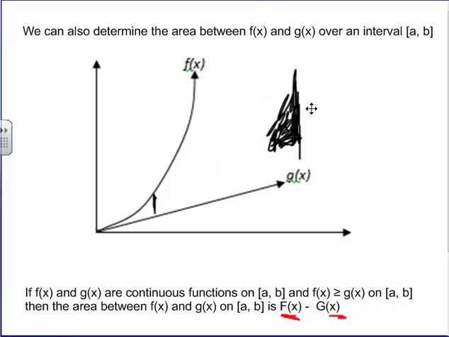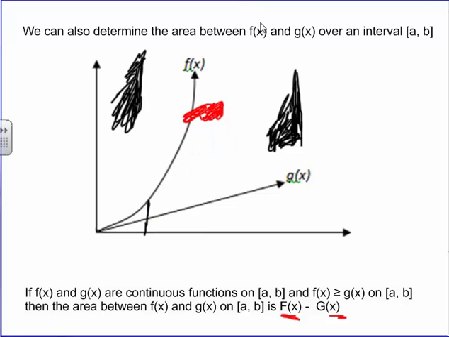To solve this otherwise, what I could do is find the area in the exact same section here for f of x all the way down to the axis, and then I could subtract the area from g of x all the way down to the axis. If I took this guy right here and subtracted that little bit, it should leave me with the other one here.